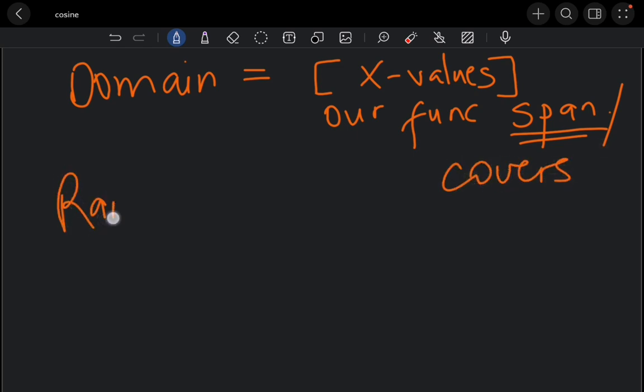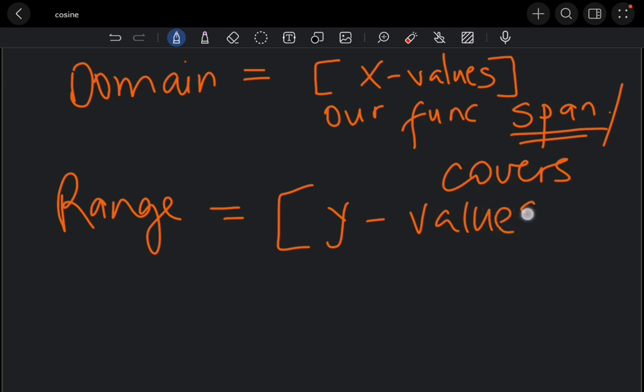Range is a set of y values our function spans or covers.